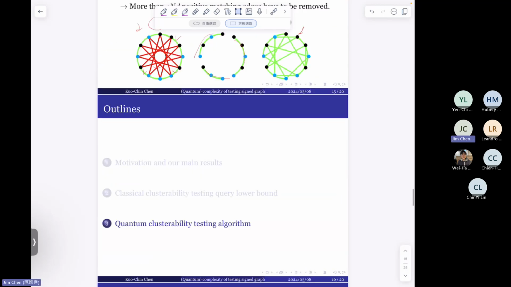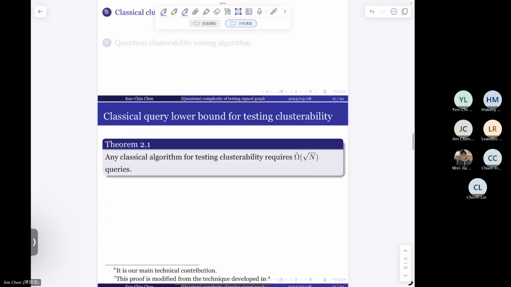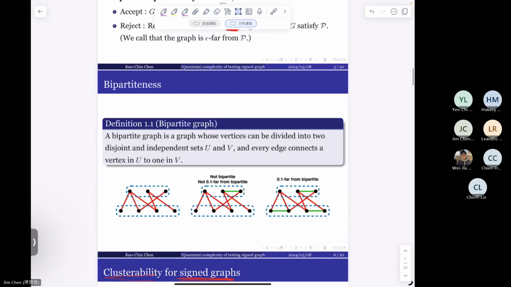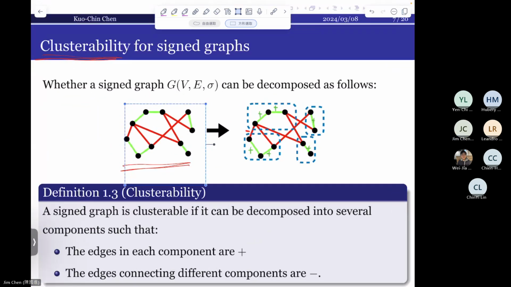For clusterability we are considering whether we could decompose the graph in such a manner. We have two labelings, and if we have multiple labelings, we have to define some other graph property. Okay. Thank you.